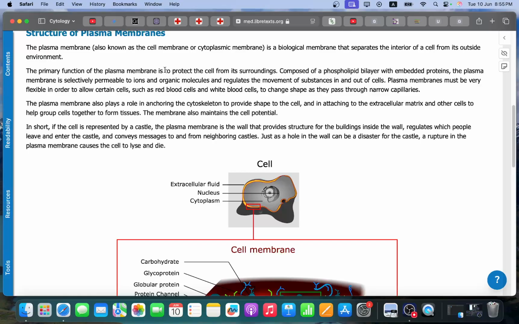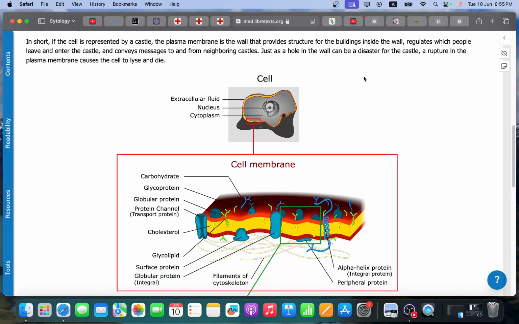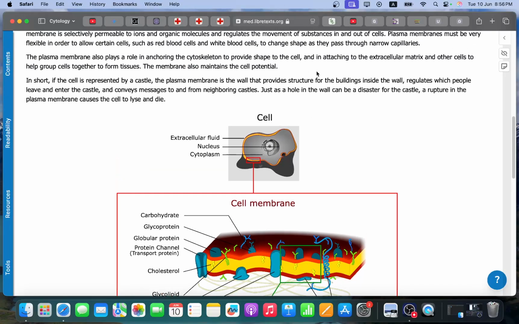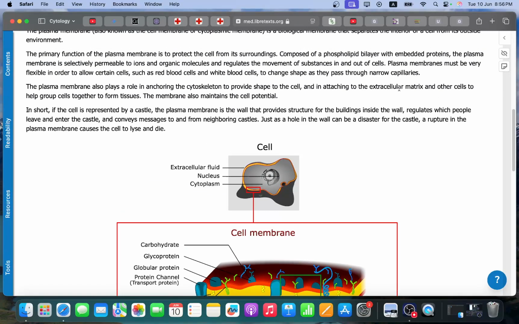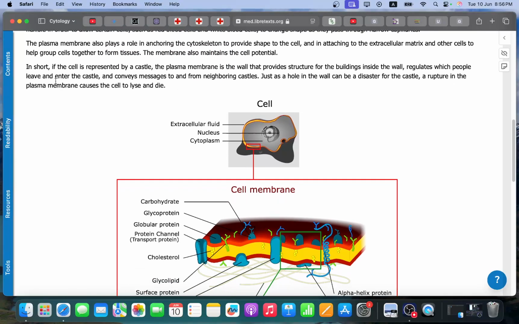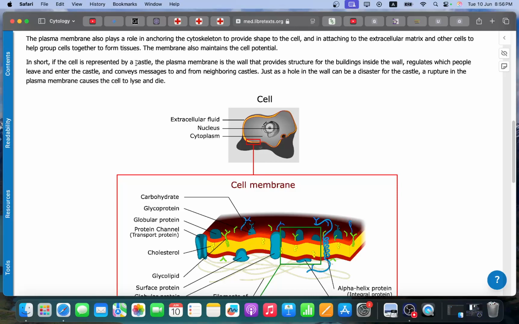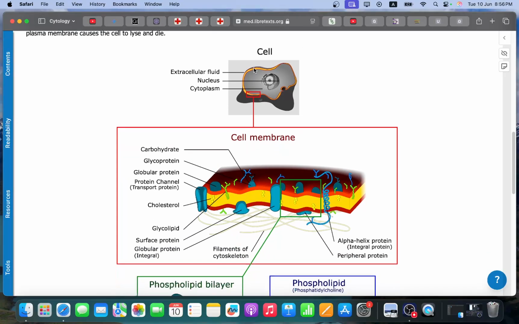The primary one is to protect the cell from surroundings, composed of phospholipid bilayers, extracellular matrix, and other cells to help group cells together to form tissue. The membrane also maintains a cell potential. In short, the cell is represented by a castle. The plasma membrane is the wall that provides structure for the building. Okay, I understand the analogy.